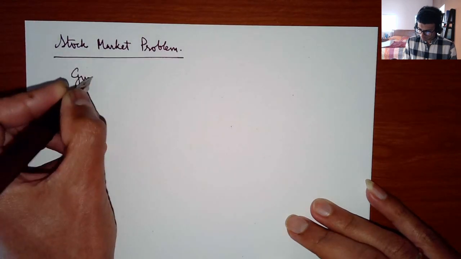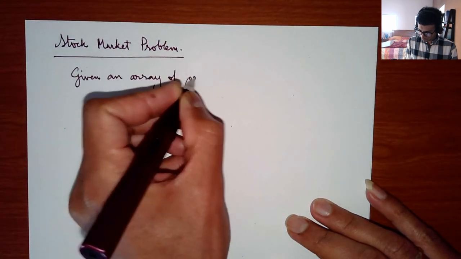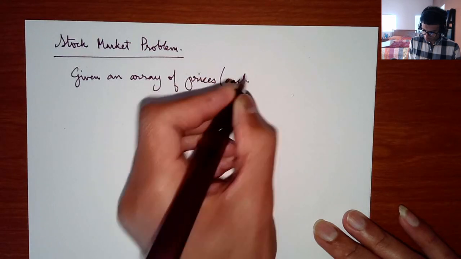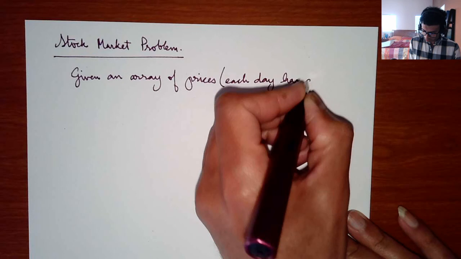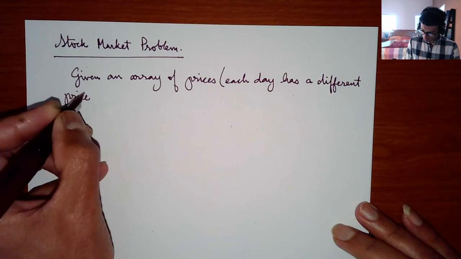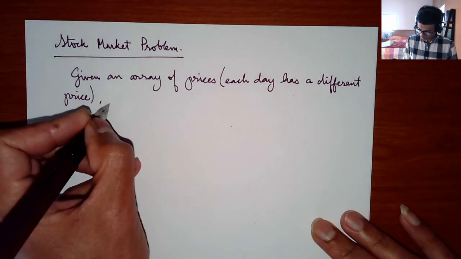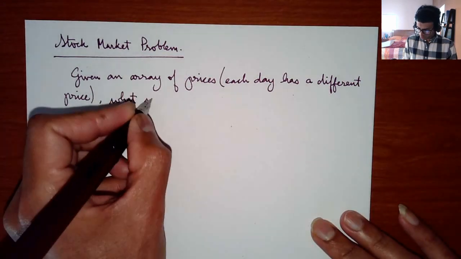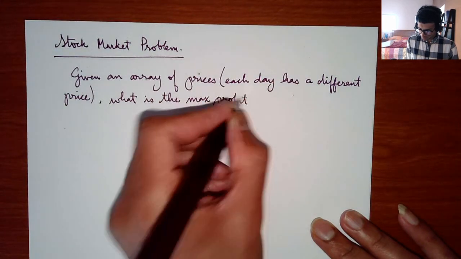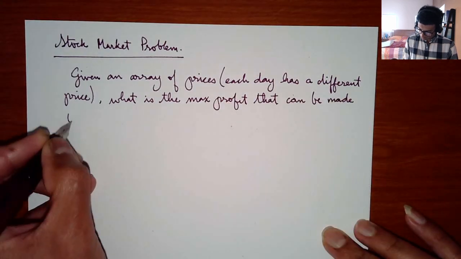Given an array of prices, think of it as each day has a different price, what is the max profit that can be made by one trade?